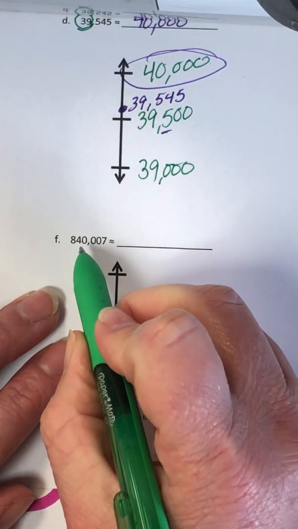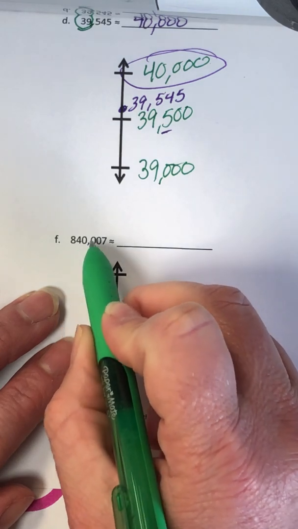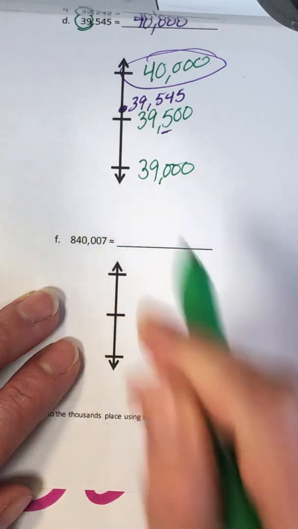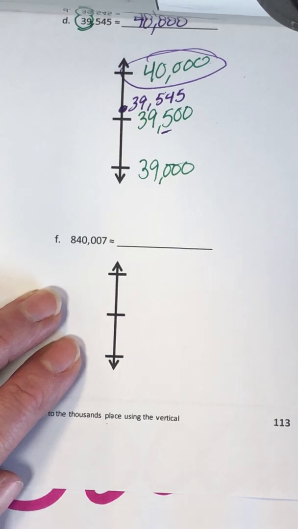All right, remember, this is a vertical number line. And when they use the little rhyme, go next door, is it 5 or more? It's still not giving you the whole understanding of the math reasoning behind the rounding, because you really need to know, not just looking at the 4, you need to know the place value of which the digit holds. That's the reason we've been working with place value.